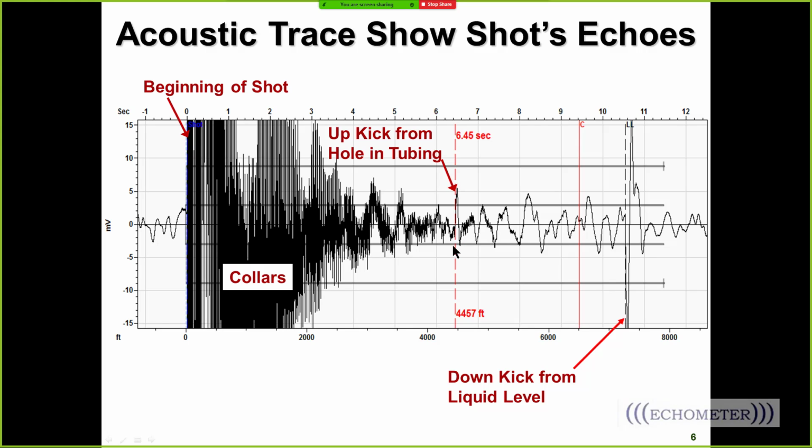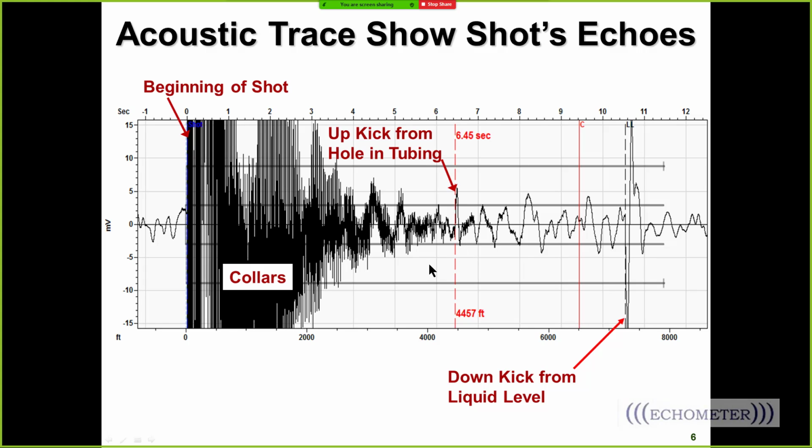And so when you see an echo on the trace that doesn't belong where it is, then either the wellbore hasn't been properly defined, that there's something here that was made when the well was drilled that makes this upkick, or there is a problem in the well that has created a hole, an increase in cross-sectional area that we see as this reflection, as this echo.